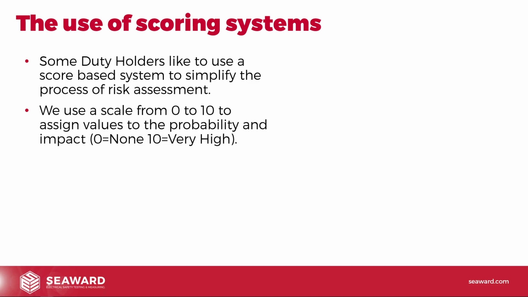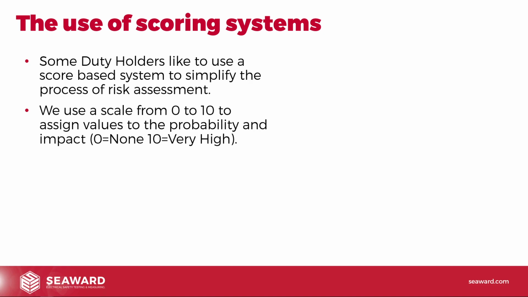So if we use a 0 to 10 scale, and we assign values for probability and impact. So 0, for example, would be no probability, it can never happen, never going to happen. And 10 would be a very high probability, it's almost a bang-on certainty that that thing's going to happen. Same with impact. What's the impact? None. No impact.